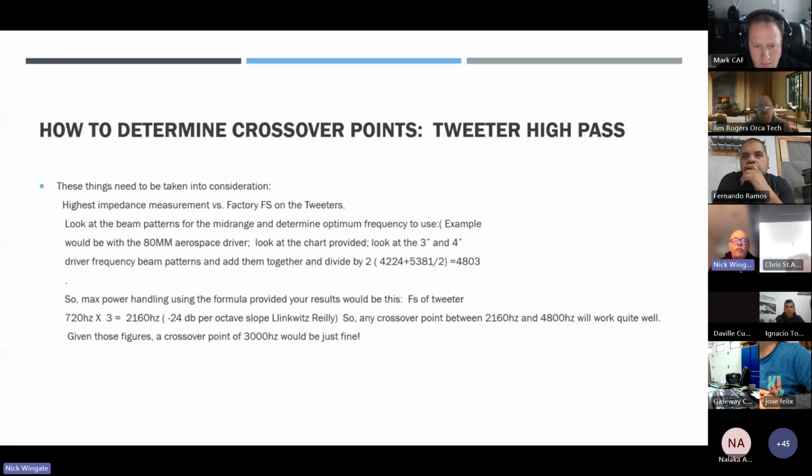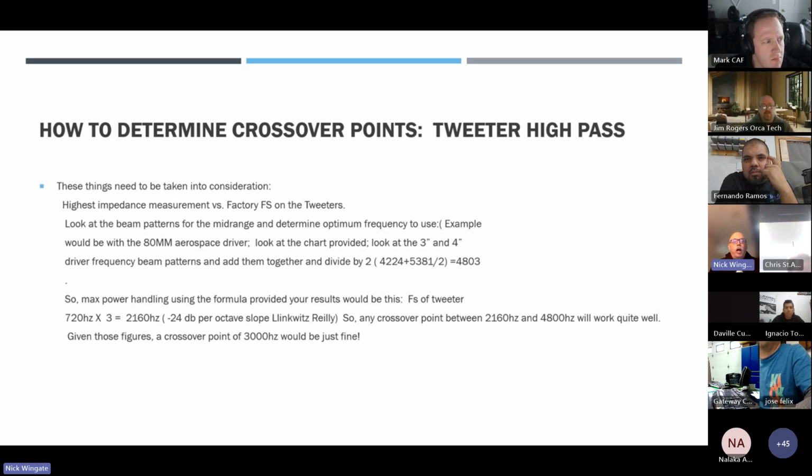You may find that the free air resistance has risen. You may also find that the free air resistance has lowered. Okay. Now, use that. It's a great tool, and use it. If you don't have access, don't worry. Just go ahead and use what the free air resistance of the tweeters are, or the mid-range or the mid-bass that the factory says is, because I assure you, you're going to be in good shape.